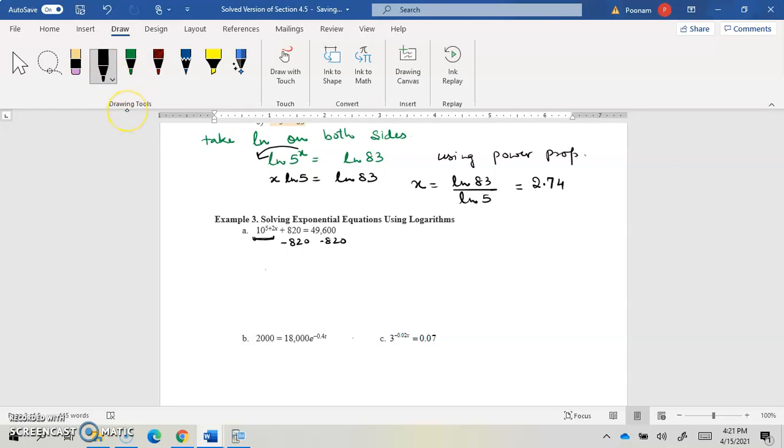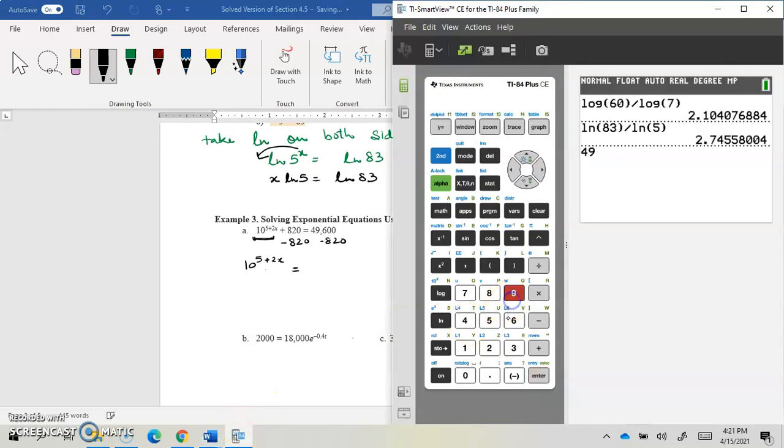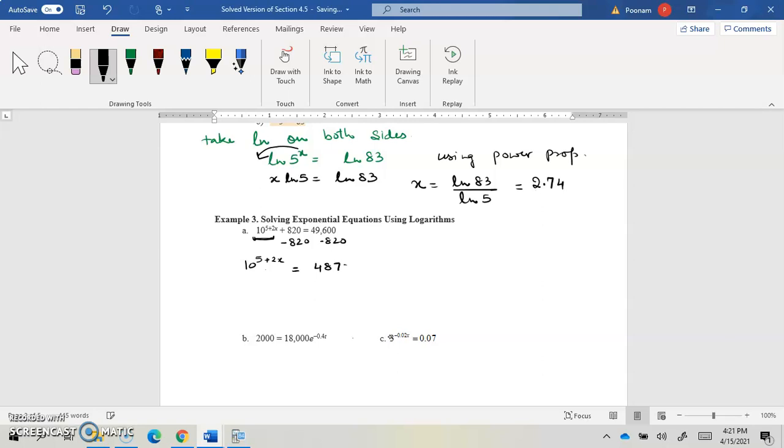So I am left with 10 raised to power 5 plus 2x is equal to 49,600 minus 820, which is this. Now we isolated the exponential.